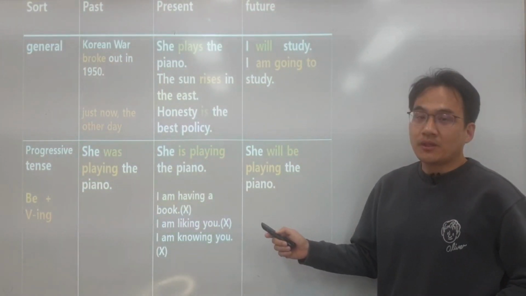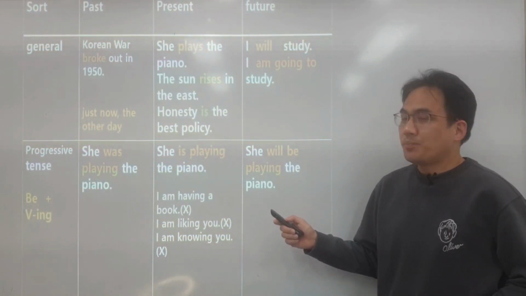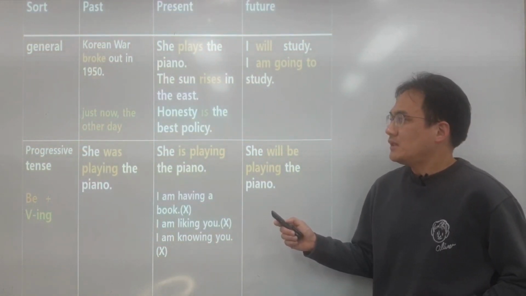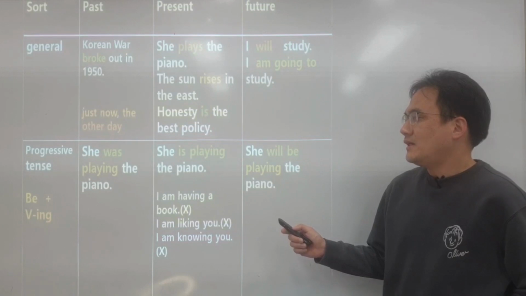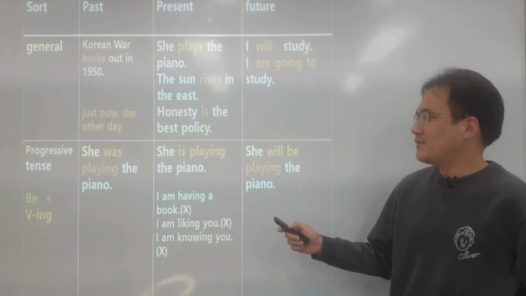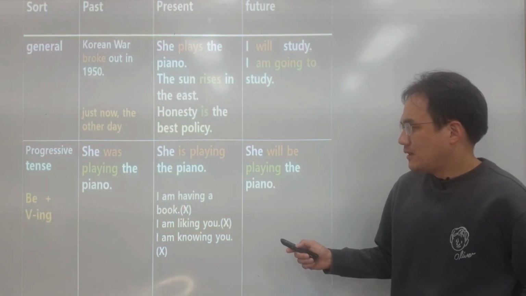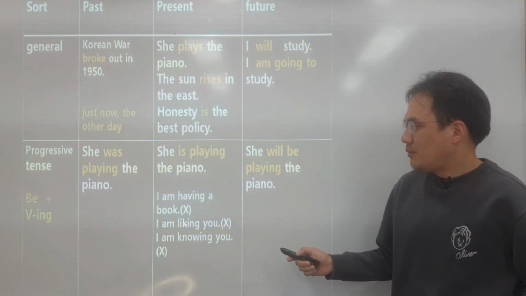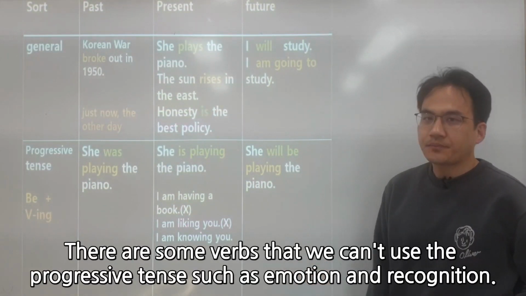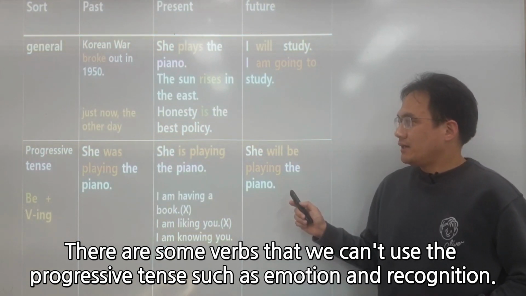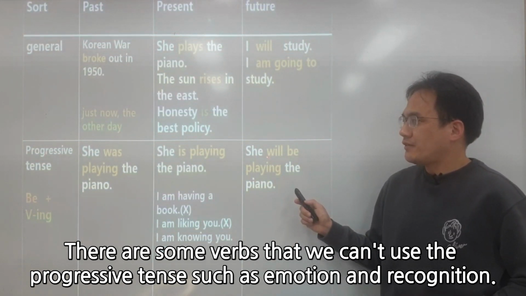And there is an important grammatical point in progressive tense. That is, there are certain verbs that we can't use in progressive tense, such as verbs of possession, emotion, or recognition. And will be playing is a future progressive tense.